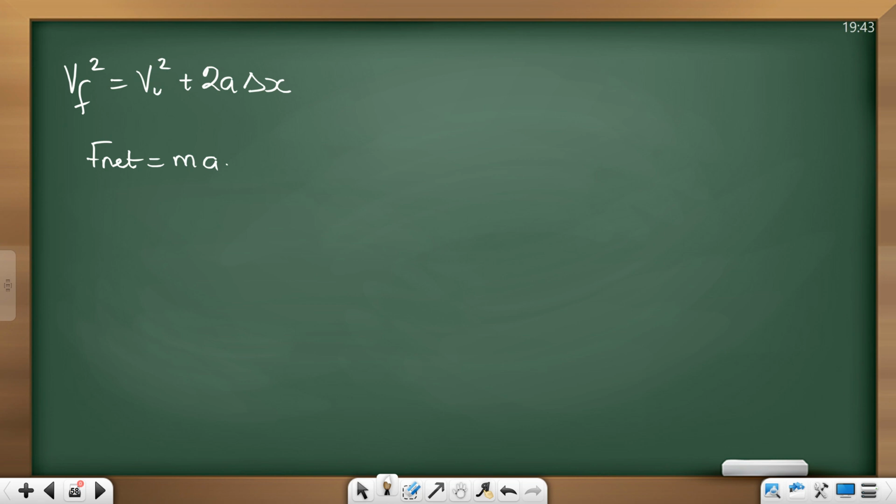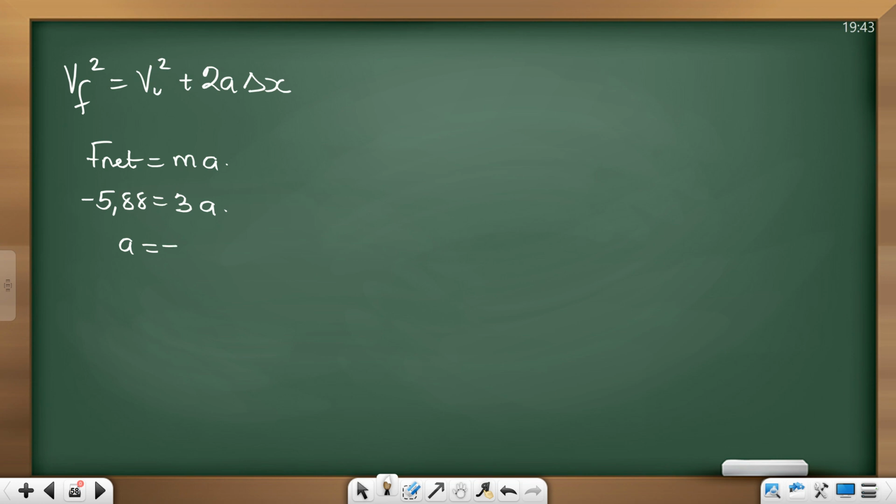But F net is equal to m·a. Do I know F net? Negative 5.88. Do I know the mass? 3. I don't know a, but do you see I can get my a? Divide both sides by 3. Your a must be negative because it's decelerating.